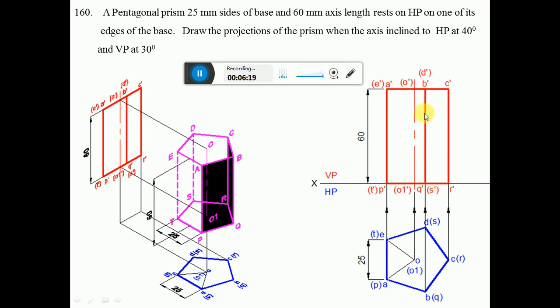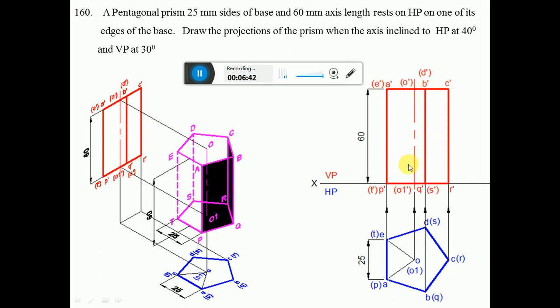Similarly, from here to here you join, and from here to here you join. So you mark them now. Since ABC is near to the observer, A dash, B dash, C dash is visible, and D and E are away from the observer, so D dash and E dash become invisible. O dash is hiding the edge AB, so O dash becomes invisible. So this is going to be the prism which is at a height of 60 mm.